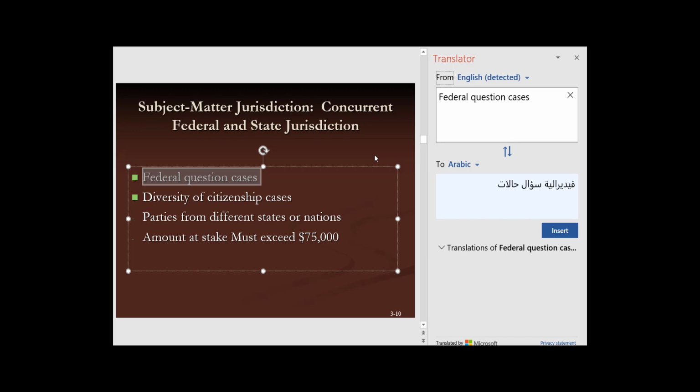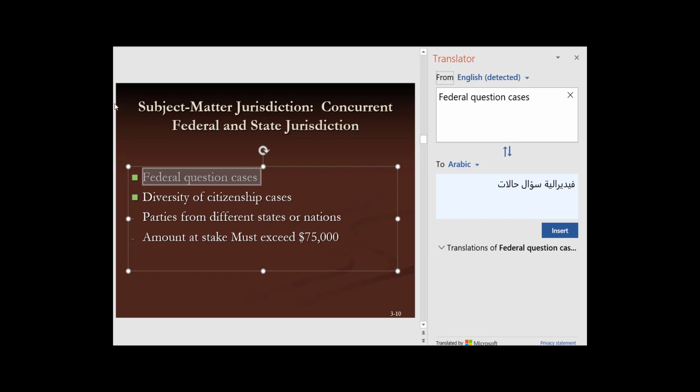But we also have subject matter where both the state and federal courts share jurisdiction. Remember, jurisdiction is the power to hear a case. So in some situations, you can go either to federal court or to state court.